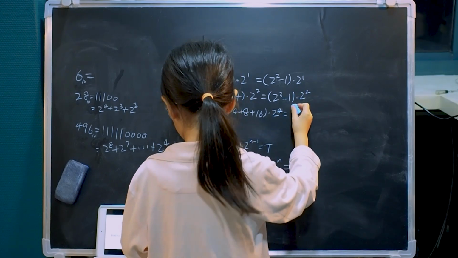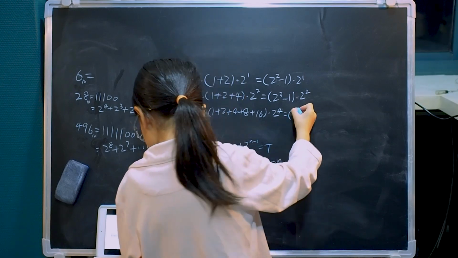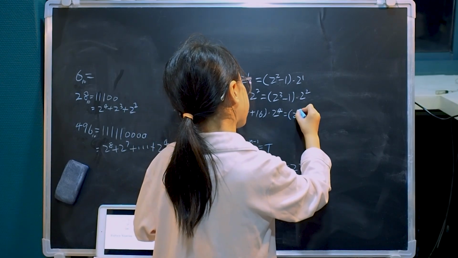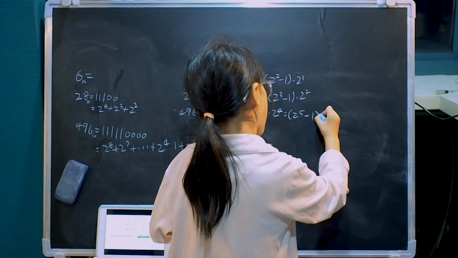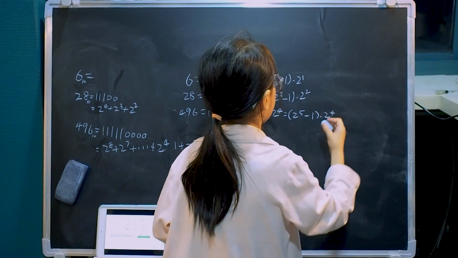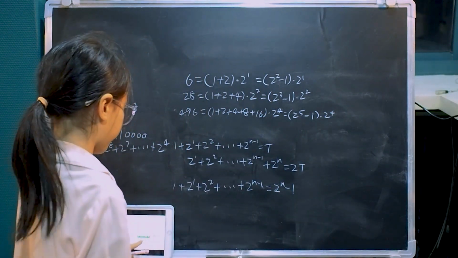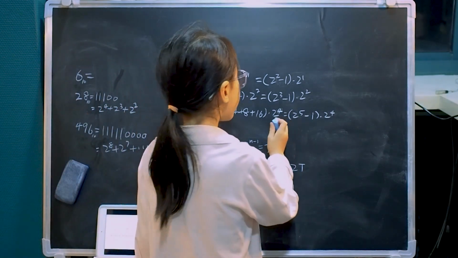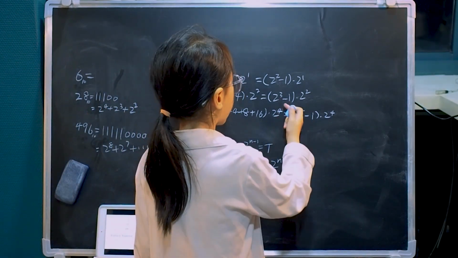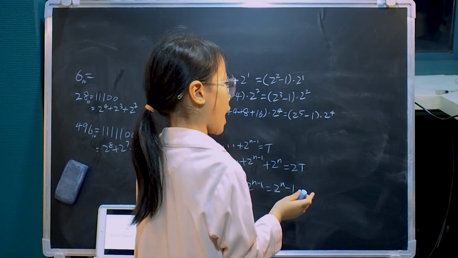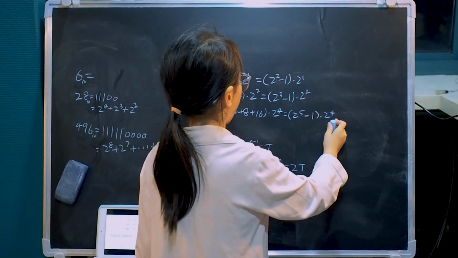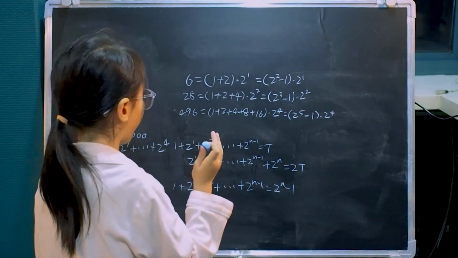And this can change to 2 to the 5 minus 1 times 2 to the 4. And then you can find out that here is always prime, and here is always prime, this prime minus 1.